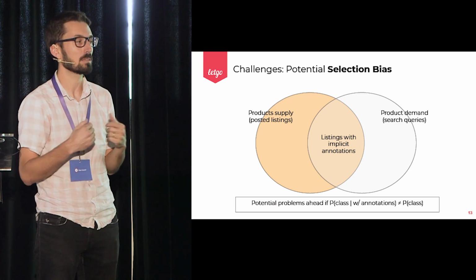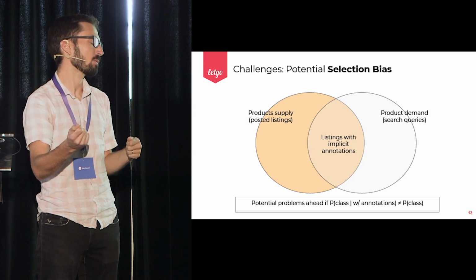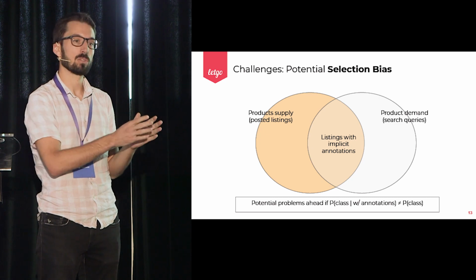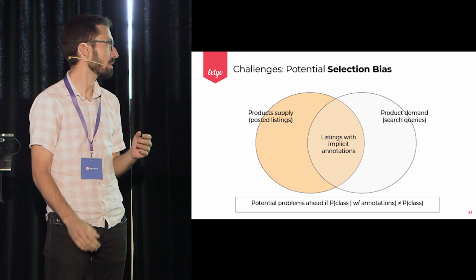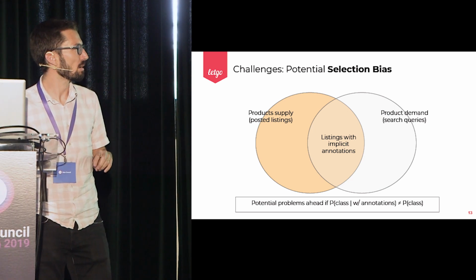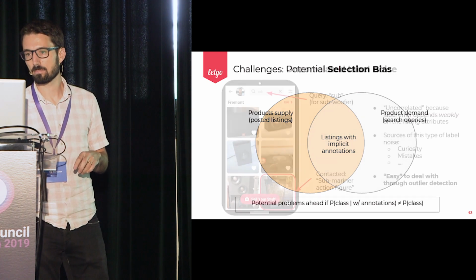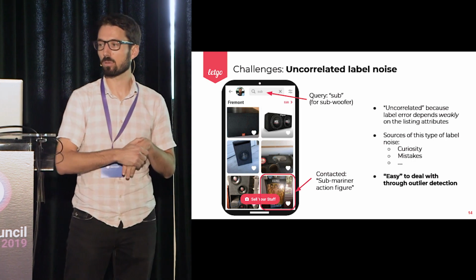Because it may happen that in my training set I have a lot more of a certain type of listings than I actually do have in reality, and this may bias my prediction. So that's one problem. Not necessarily the most difficult one to address. Another problem is what we call uncorrelated label noise.